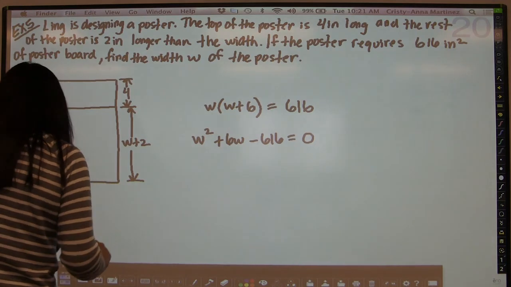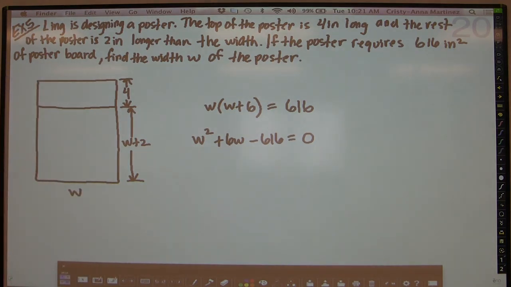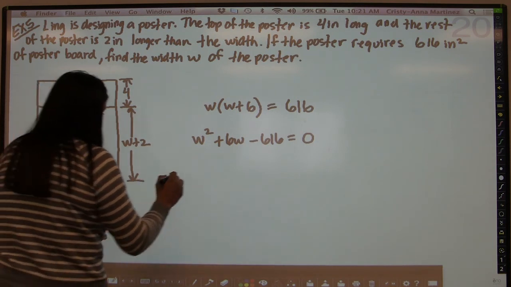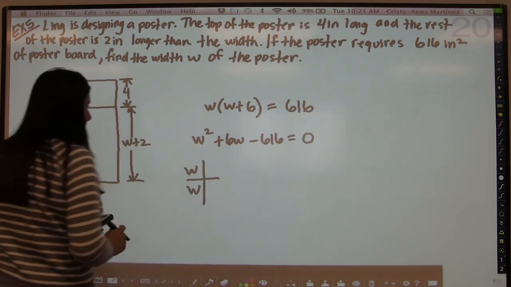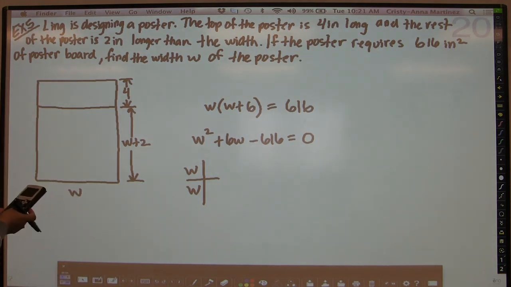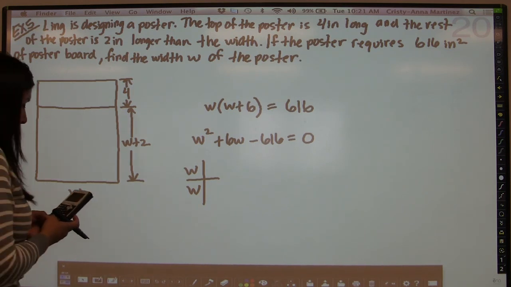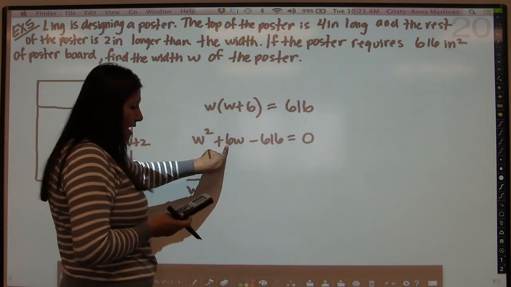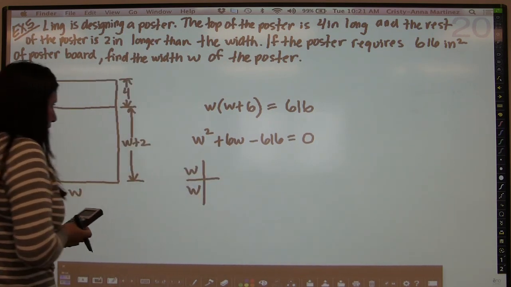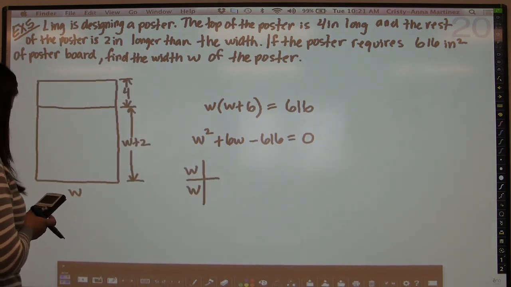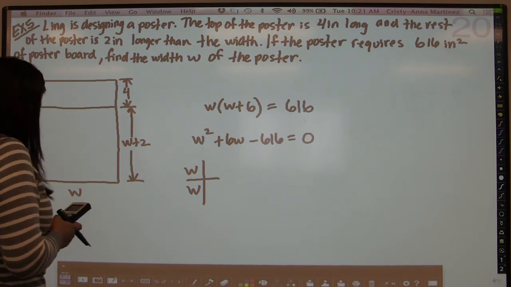And so now we're going to have to find our factors, and because these are bigger numbers, it's going to be a little bit more difficult. So we're going to put W and W, and we need to know what goes into 616. Let's see. 4 and 154 work, but again, you're not going to get a 6 out of a 154 and a 4. So let's try a bigger number. 616 divided by perhaps 28.